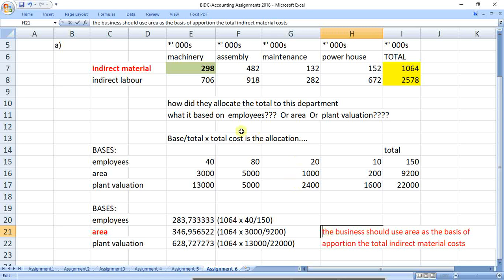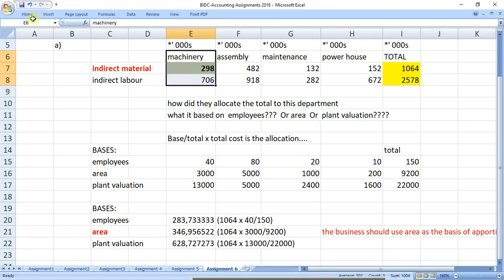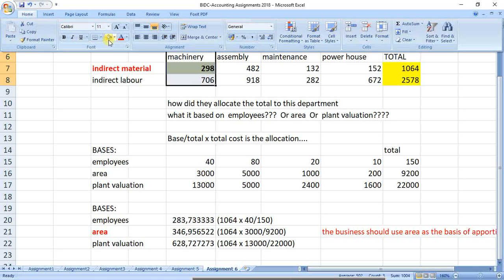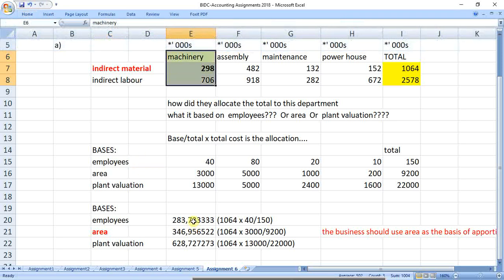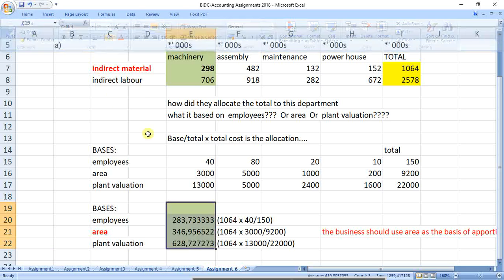Yeah, so the basis of allocation, let's highlight these. So this relates to the machine. Okay, those are the costs that are being allocated to that department.